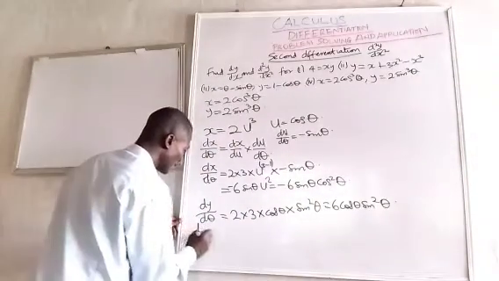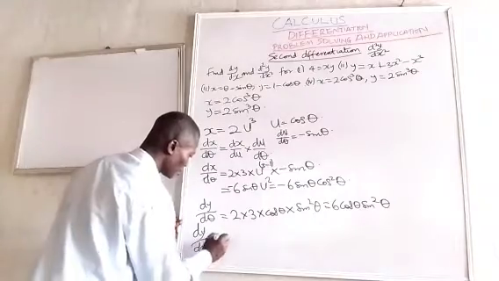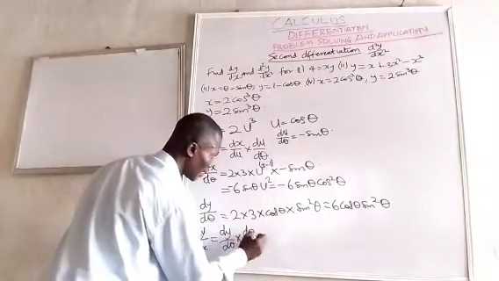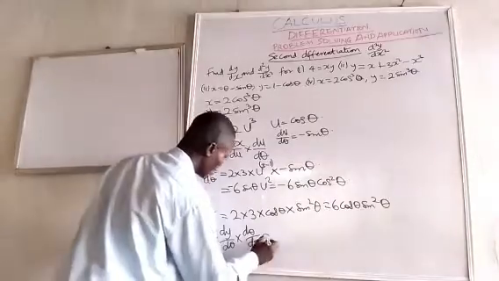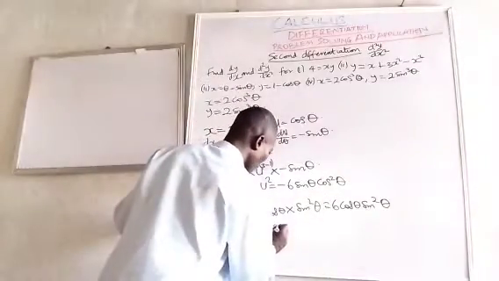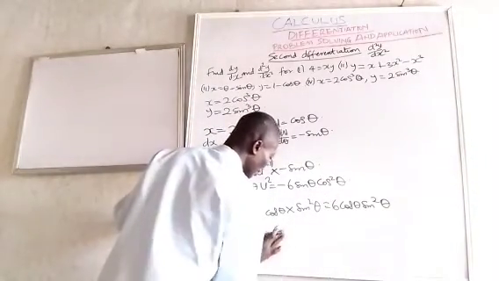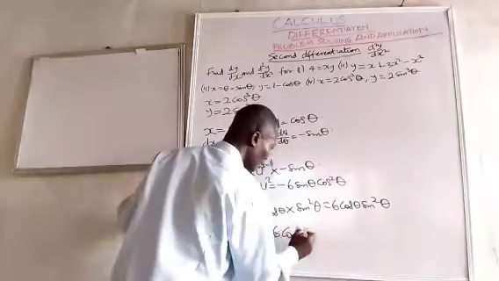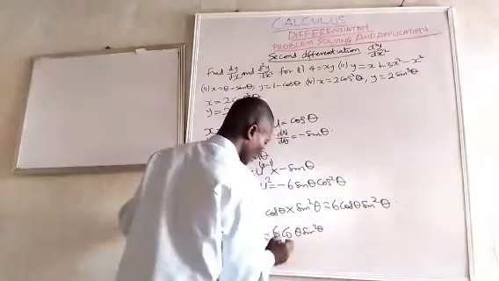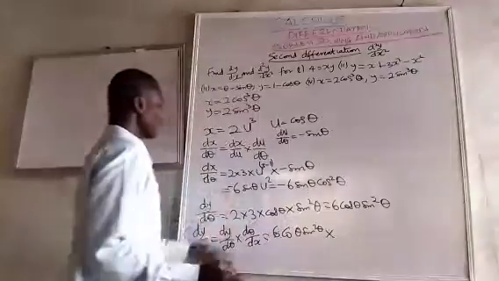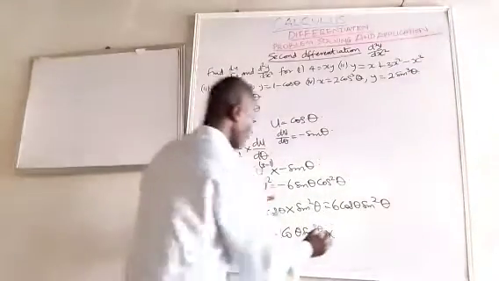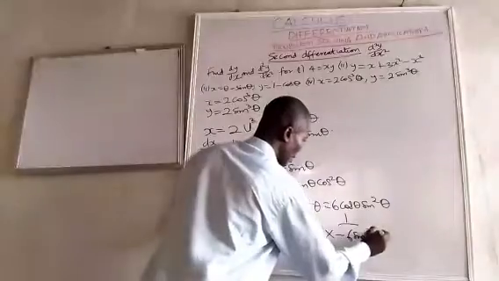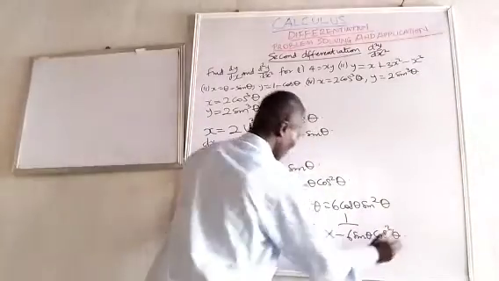Therefore, dy dx is equal to dy d theta times d theta dx. And dy d theta is 6 cos theta sin squared theta. The d theta dx is 1 over minus 6 sin theta cos squared theta.